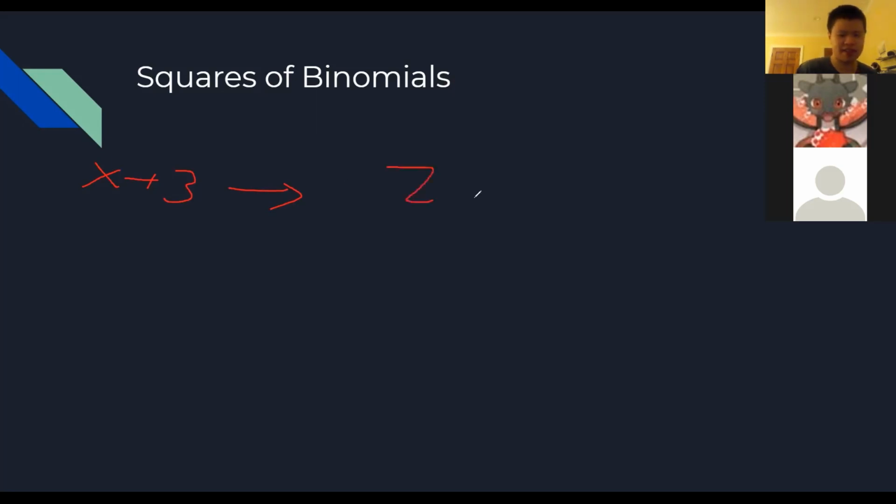Likewise, something like this is the addition of two terms. Binomial: bi is a prefix meaning two, and nomial is the other part.